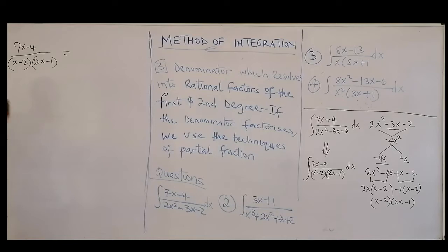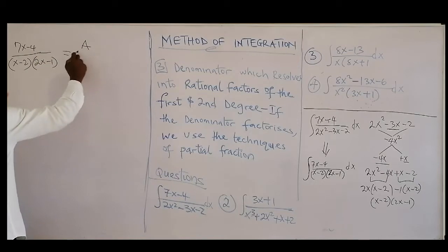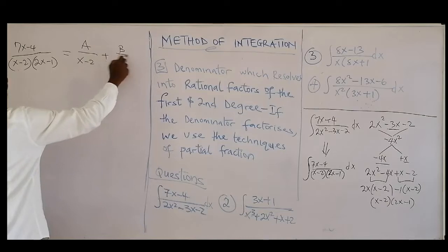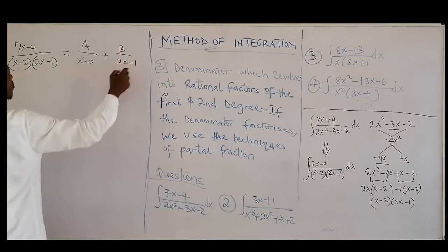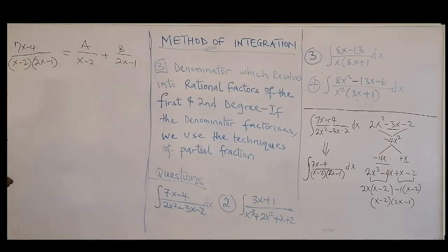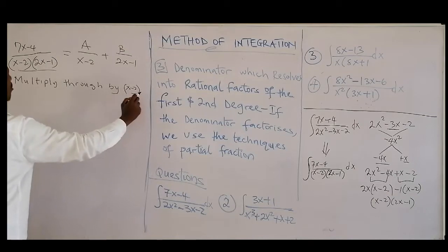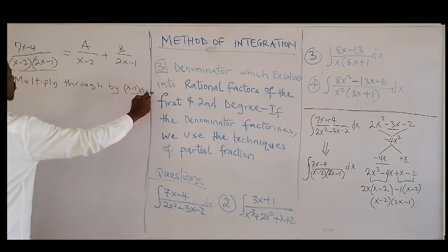We have discussed that in partial fractions, when you have linear factors, it's expressed as A over one linear factor plus B over the other linear factor. Then we multiply through by the common factor, x minus 2 into bracket 2x minus 1.